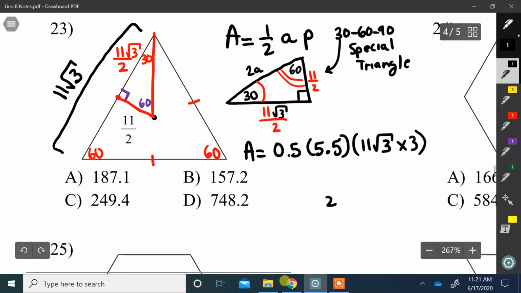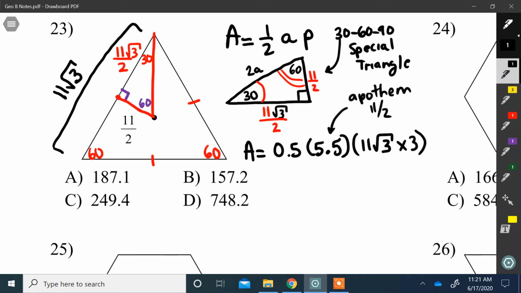So we put that all in my calculator. And let's see what I get.